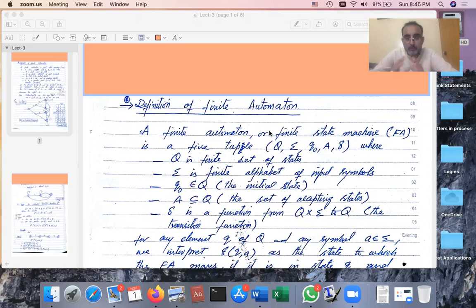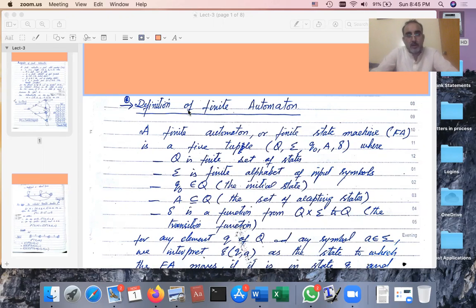So now we are going first to learn the definition of finite automaton, and then we will move on further to design some of the FAs, and then we will continue some theoretical stuff and so on, and some theorems and lemmas.